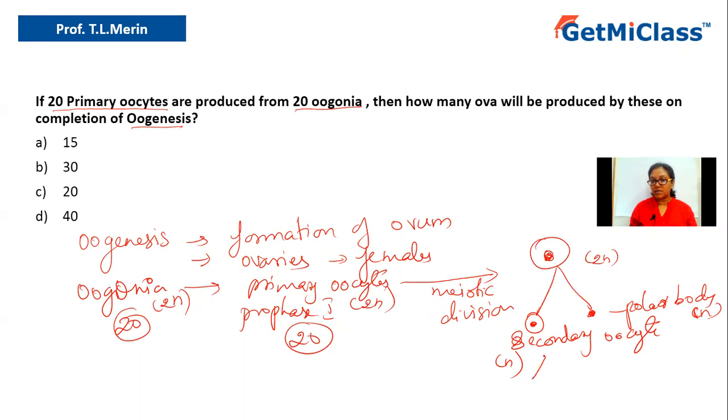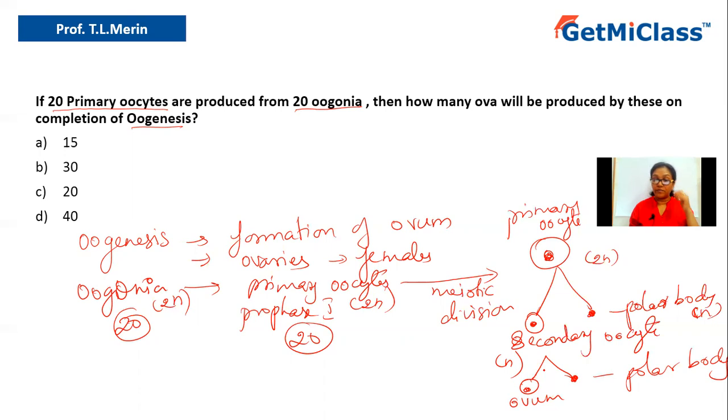Further, this secondary oocyte will again undergo division where it will give rise to the ovum. This is the ovum or the female gamete, and another polar body, the second polar body. Now you can see that one primary oocyte is giving rise to only one ovum.